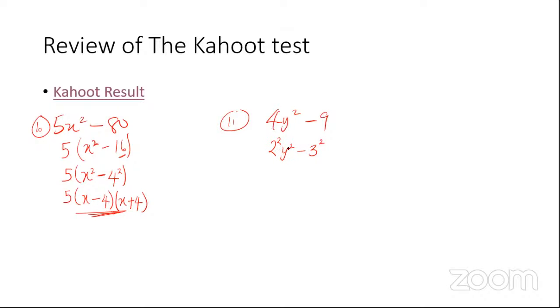So I can bring 2 and y together by saying 2y all squared minus 3 squared. Just like what we applied here, we take 2y minus 3, 2y plus 3.